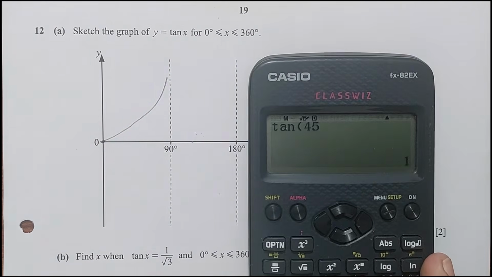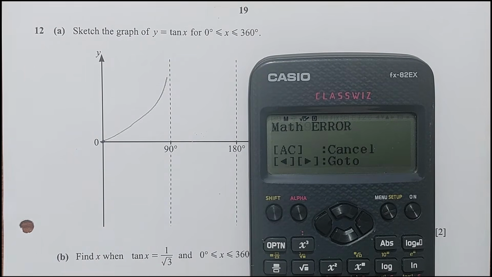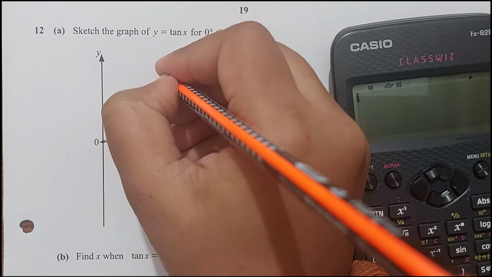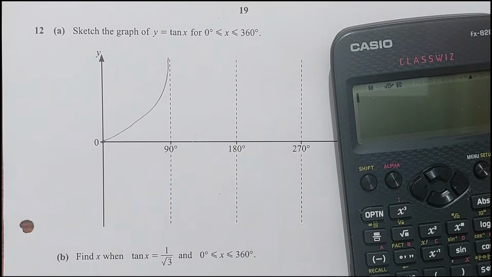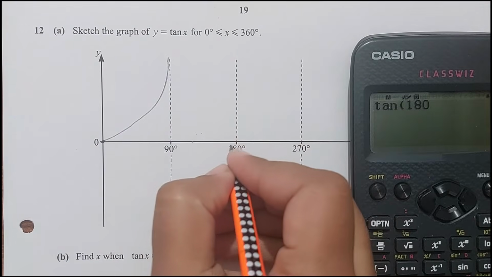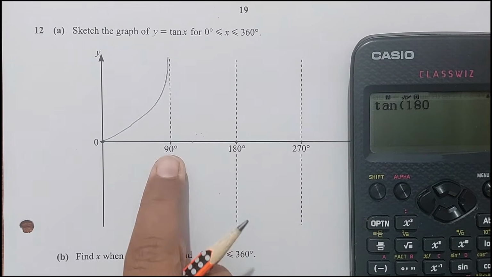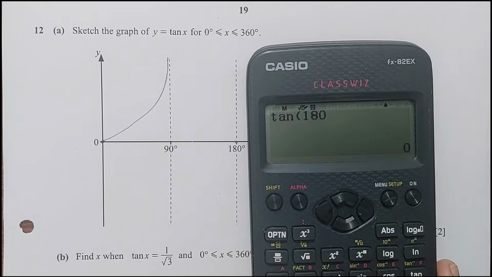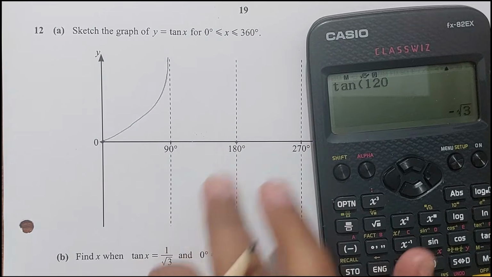Tangent of 90 is undefined. Tangent of 180 is again 0. Between 90 and 180, we can take 120. Tangent of 120 is negative square root of something, so this should be downward.